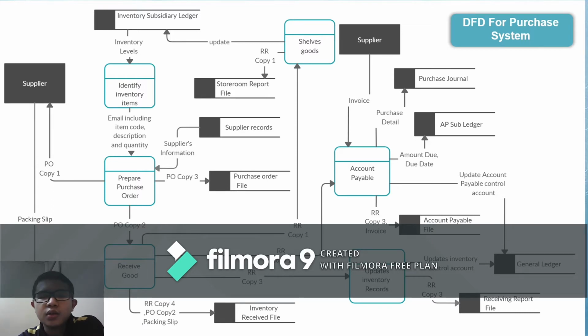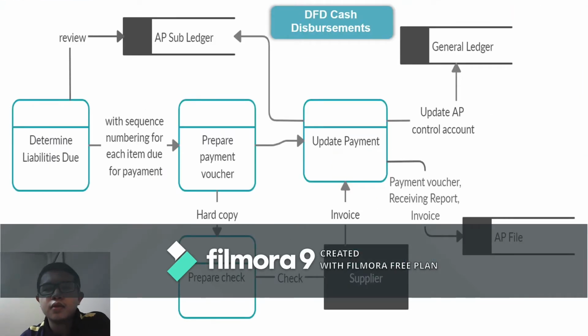And then they will also send the RR copy to the accounts payable department to update the account payable control account in the general ledger, the AP subsidiary ledger, and the purchase journal. And then for the cash disbursement system, they start with the payable due and prepare the payment check.